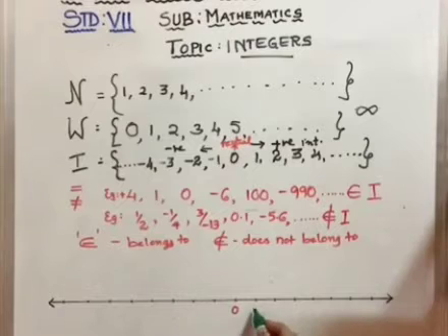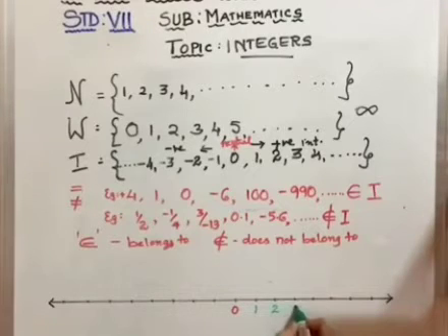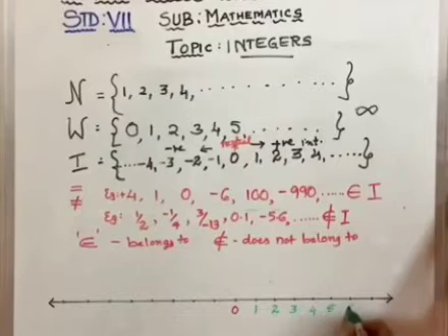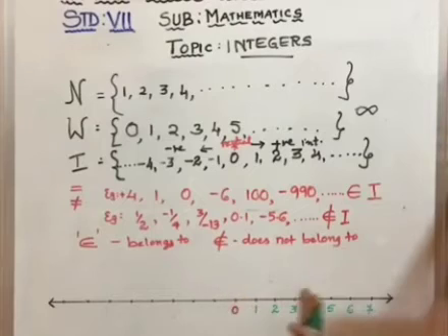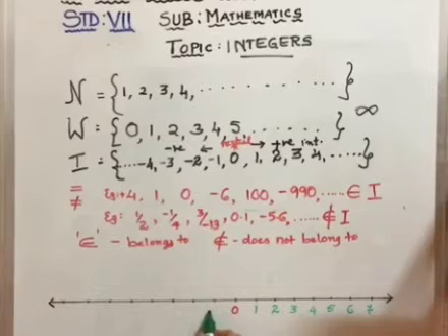Towards my right, the smallest positive integer, now you all know, is 1, 2, 3, 4, 5, 6, 7 and so on. Infinite positive integers. It doesn't end with 7. You can get 8, 9, any number. On the negative side, the greatest negative integer is -1.